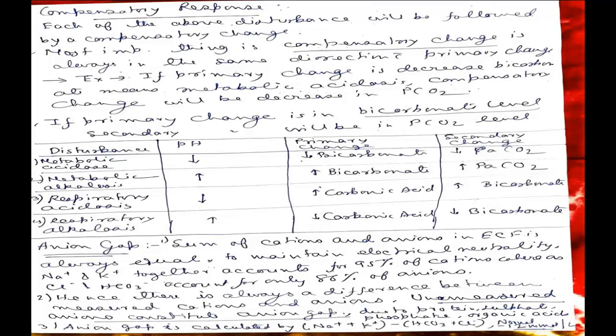Hence, there is a difference between cation and anion measured. This unmeasured anion is known as anion gap. Anion gap is calculated by adding sodium and potassium level and subtracting the total amount of bicarbonate and chloride level from this. Normal is 12 millimole per liter.